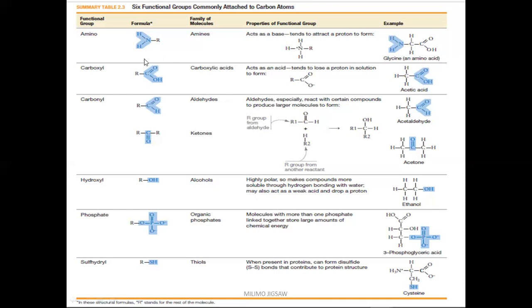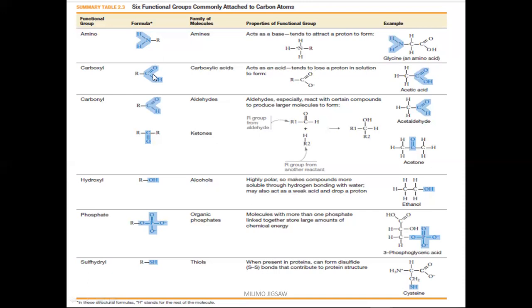The most important types of amino and carboxyl containing molecules are the amino acids. When we look at proteins, we are going to realize that amino acids contain both an amino group and a carboxyl group.